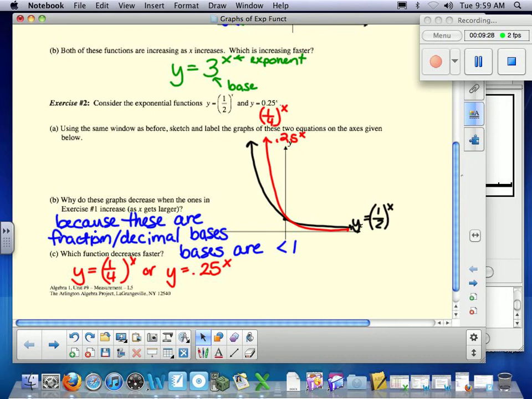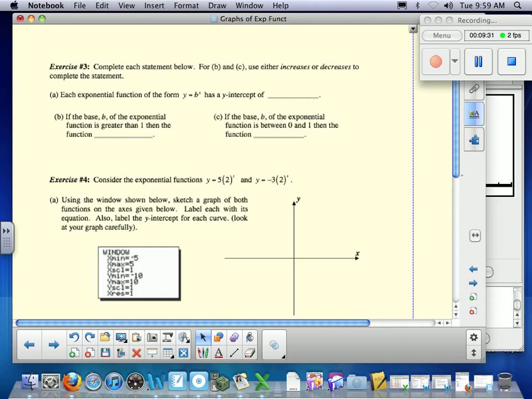To the back. Complete each statement below. For B and C, use either increases or decreases to complete the statement. Letter A. Each exponential function of the form y equals b to the x. Do you know what they're talking about?